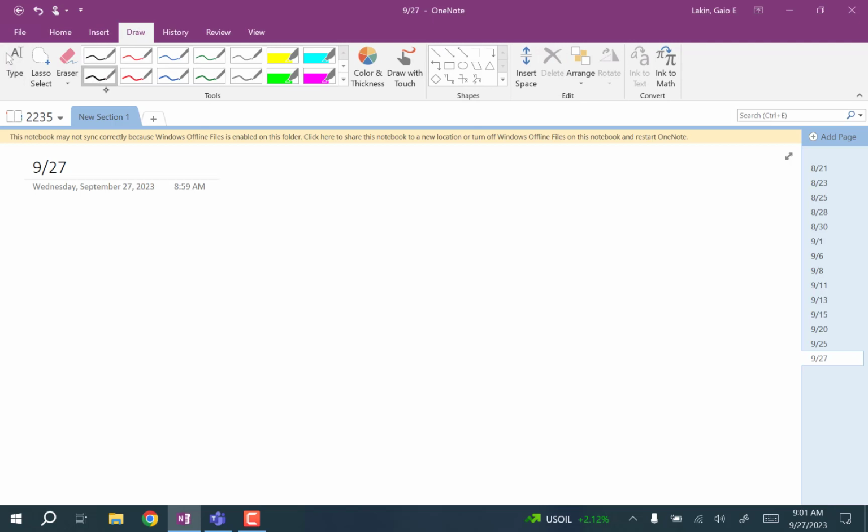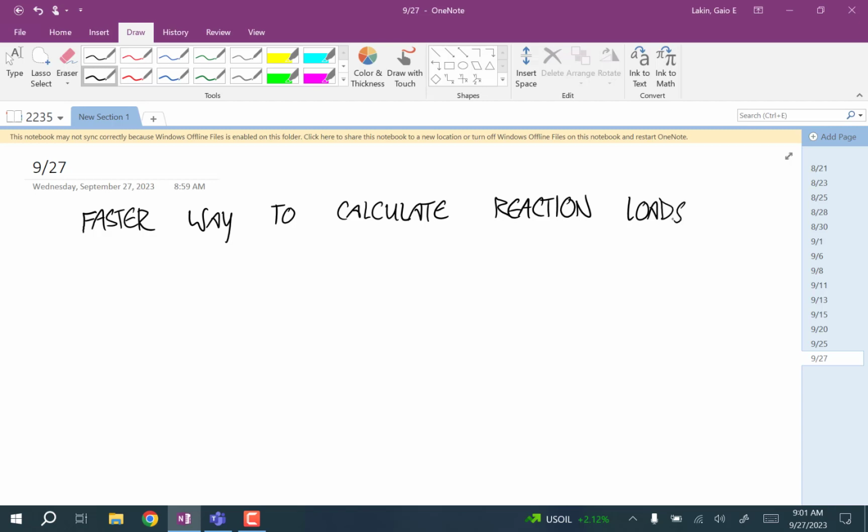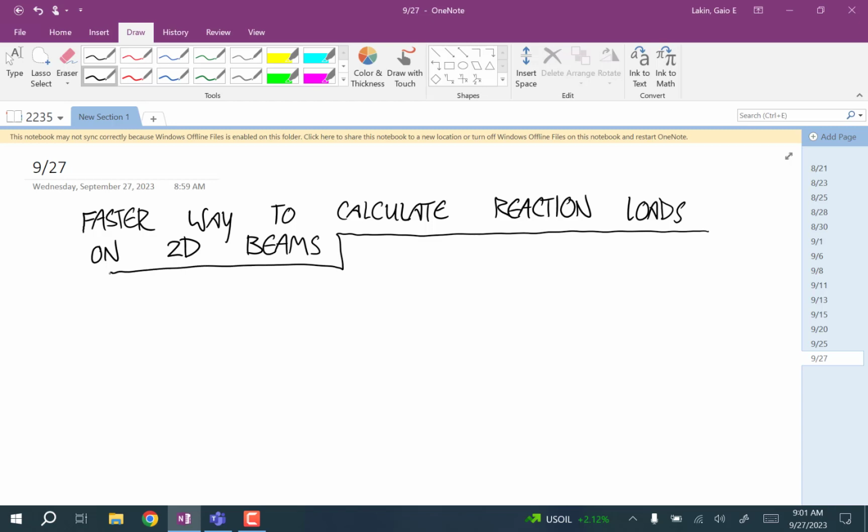Okay, so here's a faster way to calculate reaction loads on 2D beams. I wouldn't really use it for anything except beams.